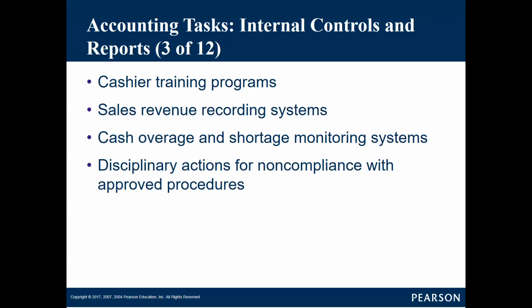So you're going to want to try to find if there's any kind of pattern going on. And it helps, just like we talked about in previous chapters, determine whether or not it's likely that you have a problem employee who might be shorting people or shorting the cash drawer. Disciplinary actions for noncompliance with approved procedures is another thing.